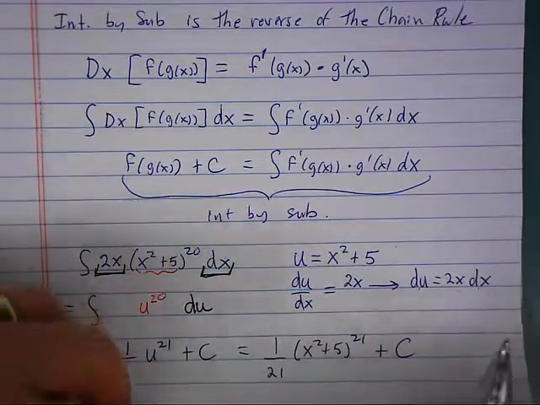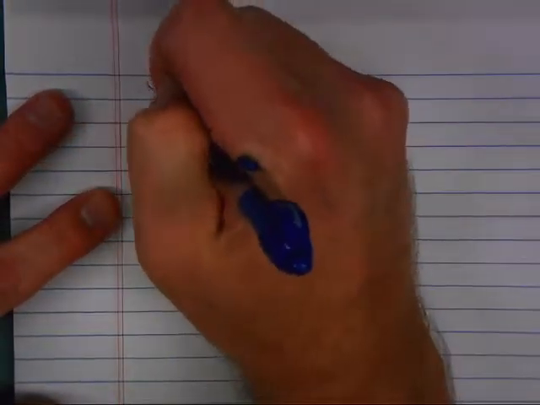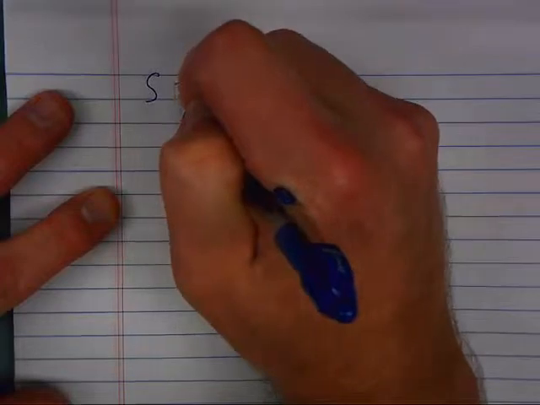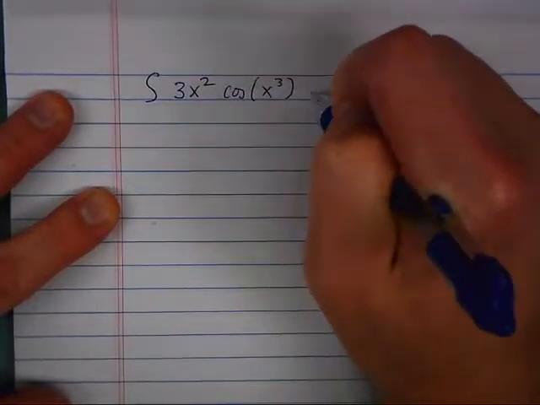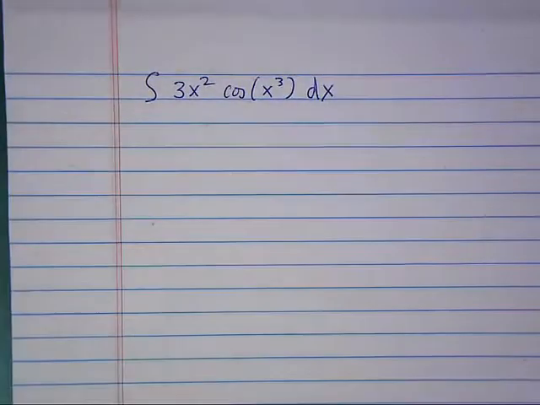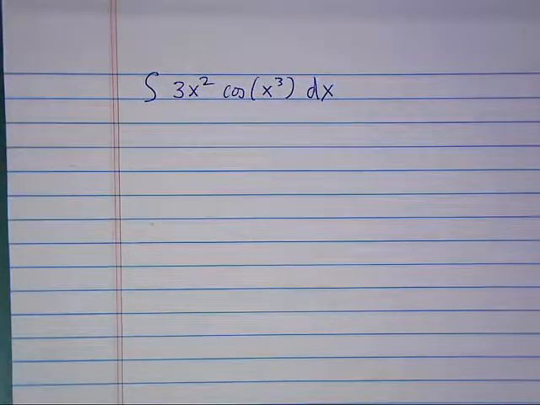All right, well, this integration by substitution allows us to be able to find antiderivatives for a whole bunch of new problems. For example, I might have the antiderivative of 3x squared times cosine of x cubed dx.